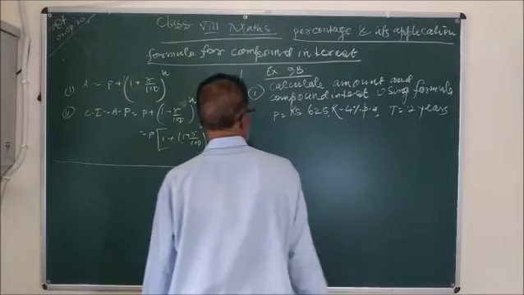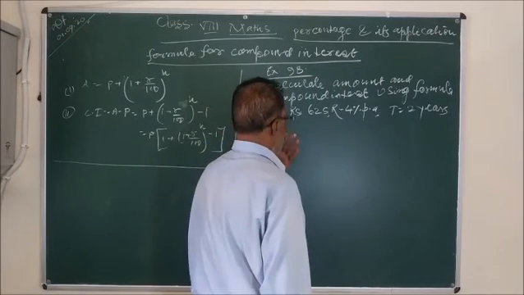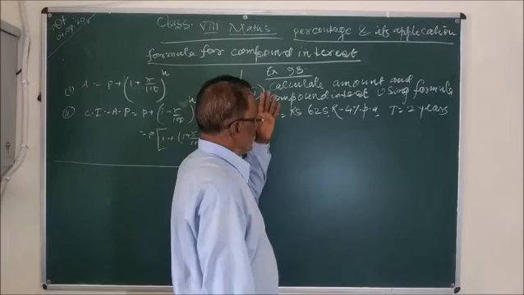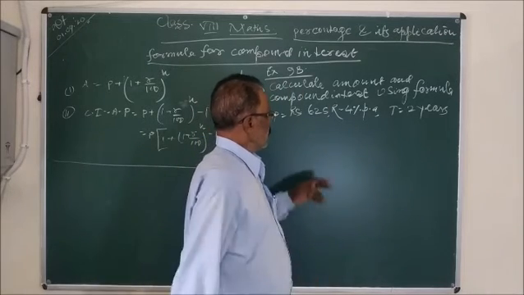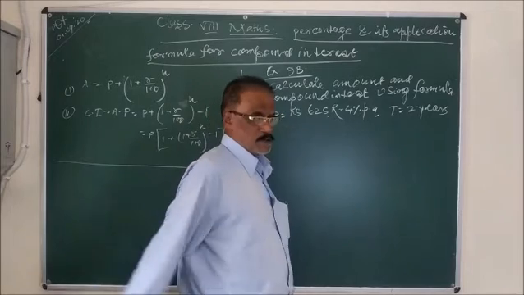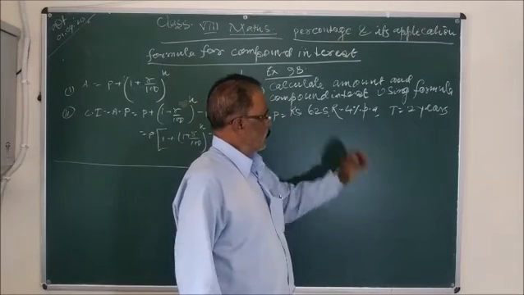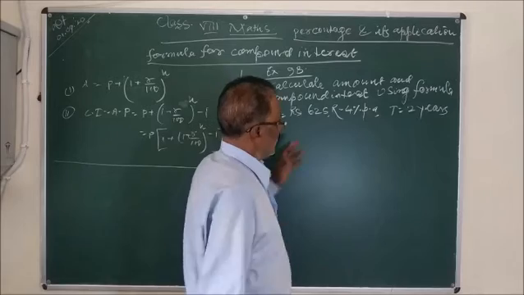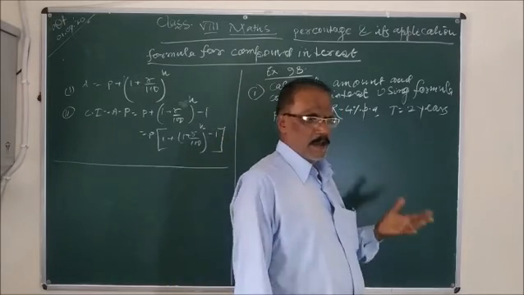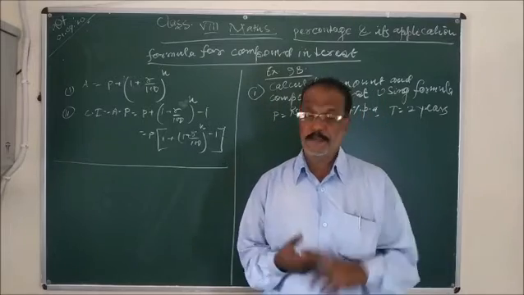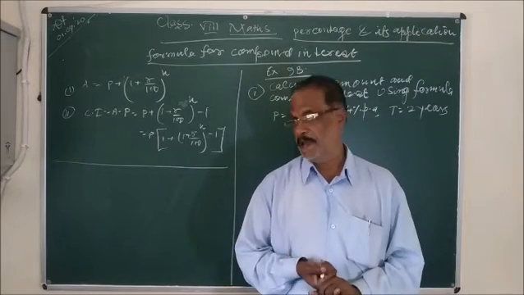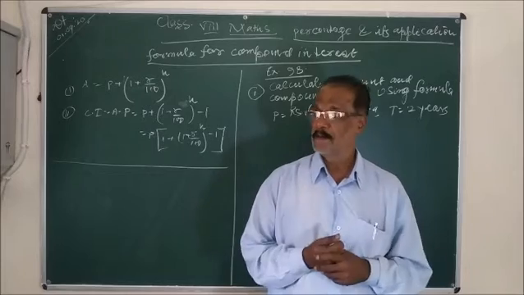Now you see exercise 9.9b: calculate the amount and compound interest on principal 625, rate 4% per annum, time 2 years. Here I would like to explain that compound interest may be 6 monthly, 3 monthly, quarterly, or semi-annually.